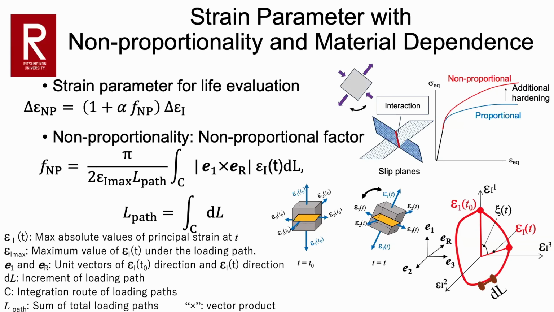This is the ER. And this is the cross product, the vector product, using the GIS equation. In this term, this is the intensity of non-proportionality at time t. This is the integration over the whole path in the cycle. DL is the path length. Okay.